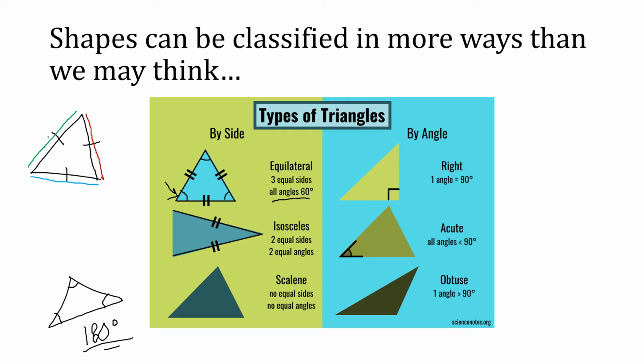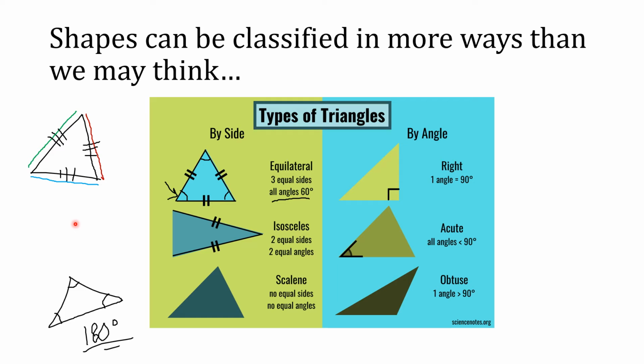And again, I could do this with one tick mark, two tick marks, or three tick marks. It doesn't matter, as long as the number of tick marks that I have for each side is the same, then all the sides with that same number of tick marks are the same length.